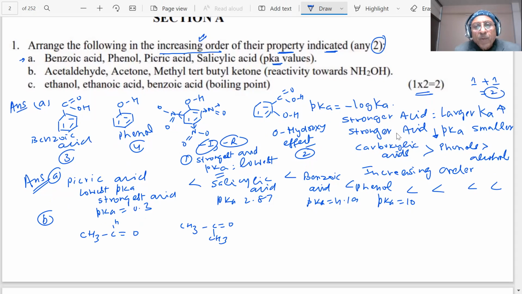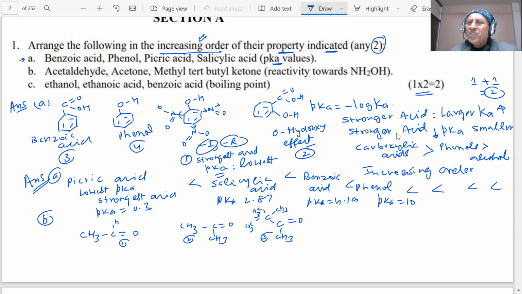And methyl tertiary butyl ketone, student, what is that? So you have these, the t-butyl group, okay, methyl, this is our methyl. So you again have 1, 2 and 3 compounds. We should be able to write the structure.